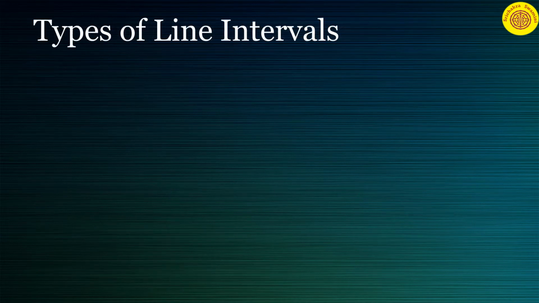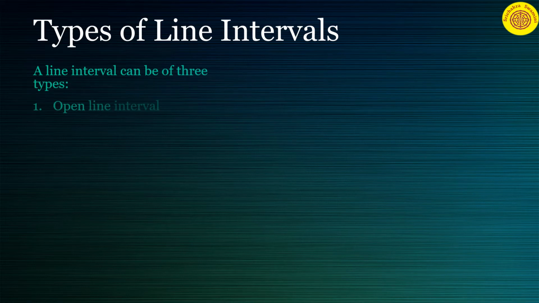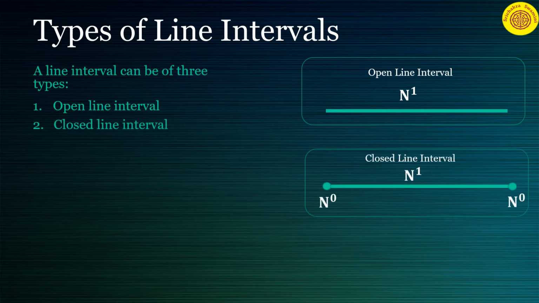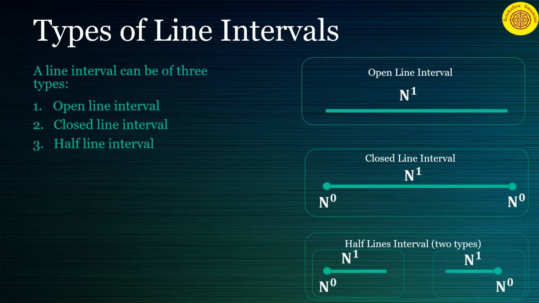Types of line intervals. A line interval can be of three types: open line interval, closed line interval, and half line interval, which are of two types.